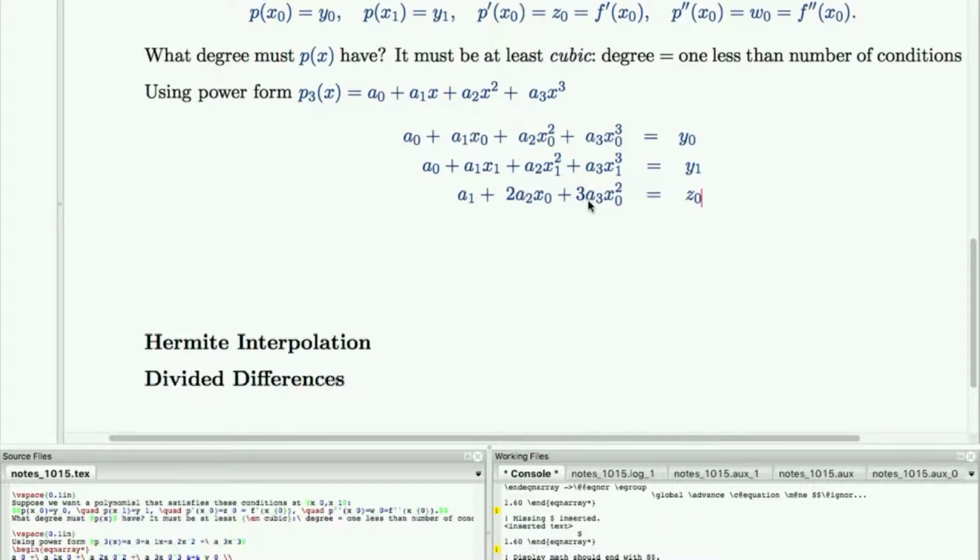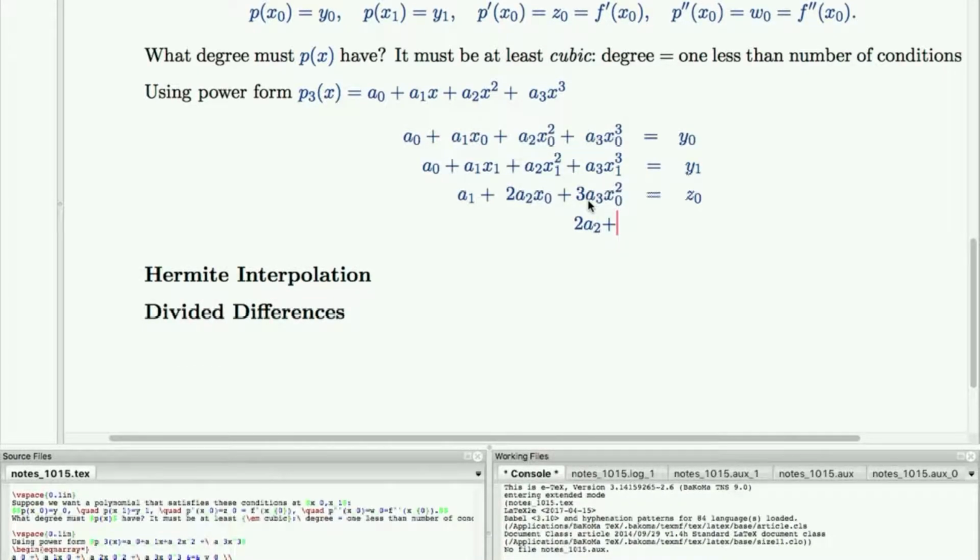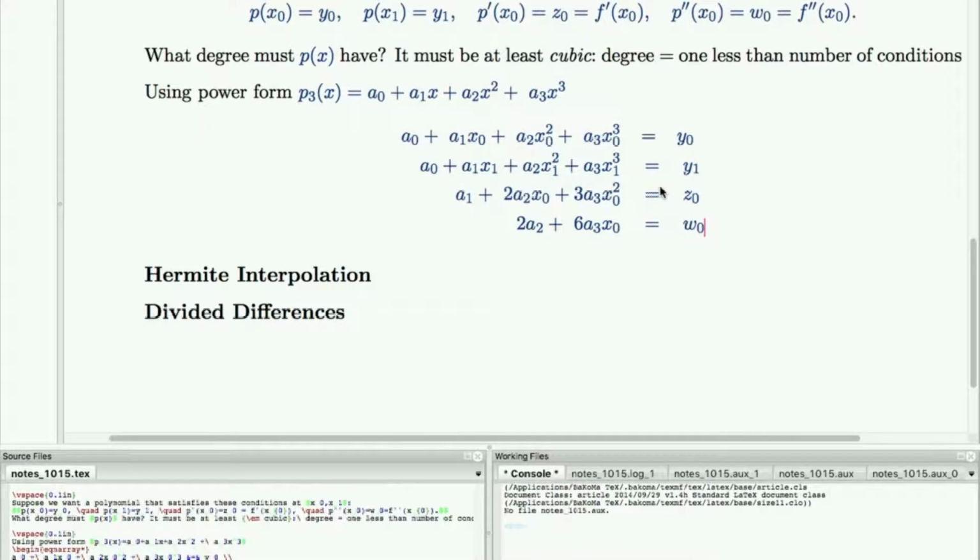So I take a derivative of this, and I'll get 2a2 plus 6a3 x naught equals w naught. So now I again have a system of 4 linear equations and 4 unknowns. It's not a Vandermonde matrix, although the first 2 rows are like that.